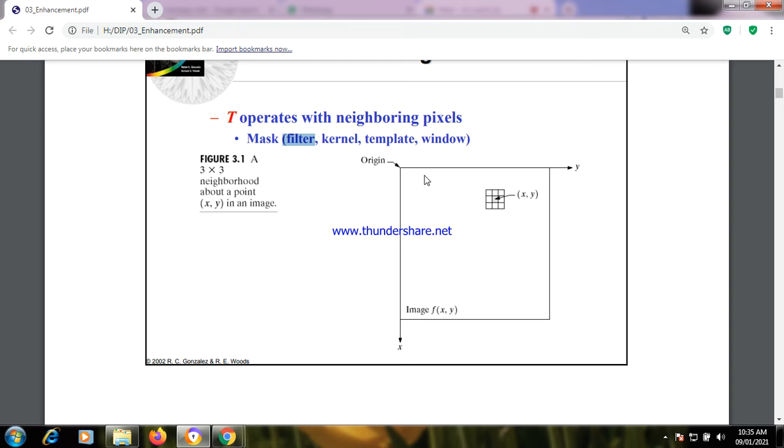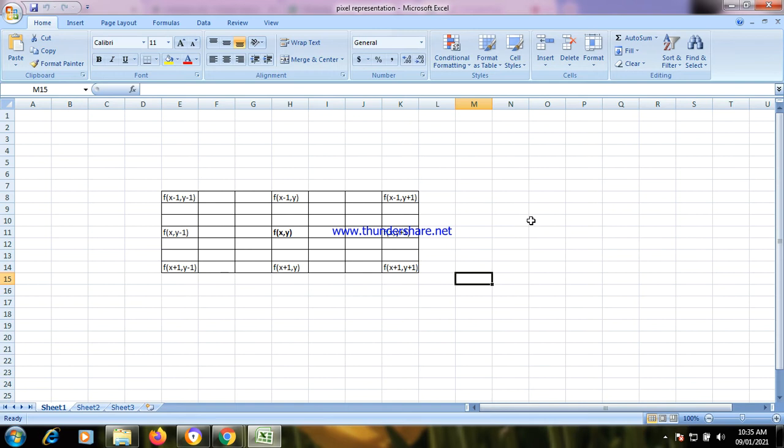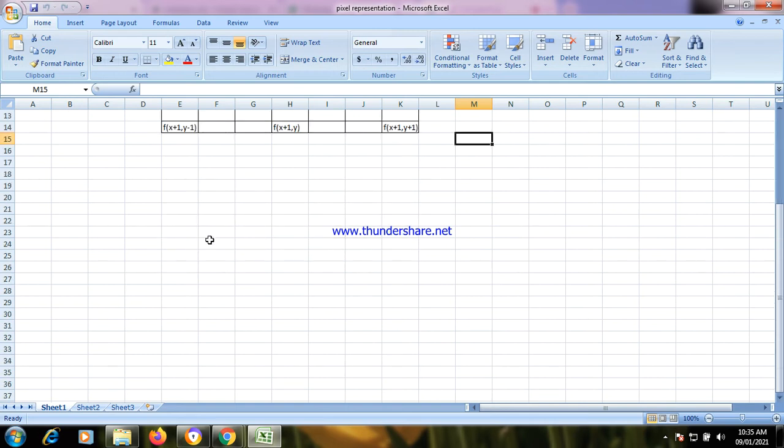I'll show the pixel values here, randomly taking values: 125, 130, 145, 170, 120, 155, 178, 155, 195.